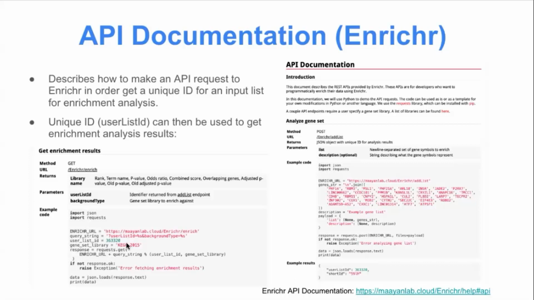We would be adding that as a query parameter, and it's also specifying what gene set library we would like to enrich against. I will also go through more in depth on how to understand each of these packages, such as the JSON package that is used to parse these responses.